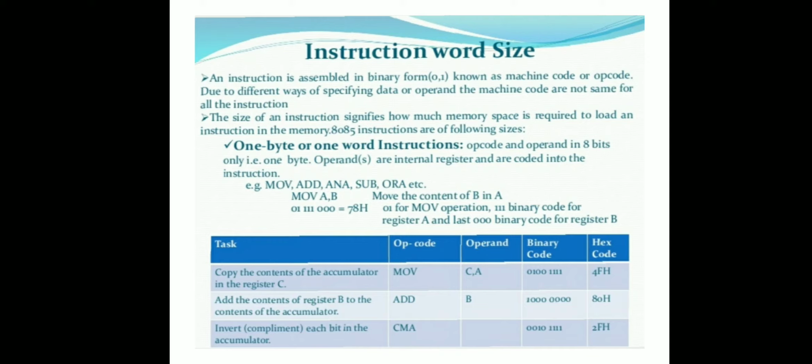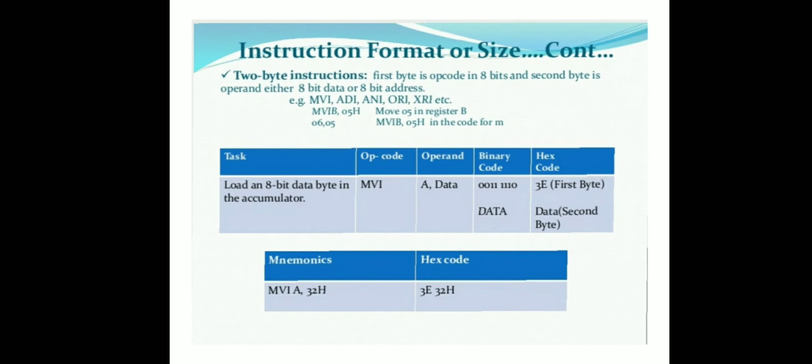This instruction itself specifies the location of the data which moves from one register to another. 2 byte instruction.